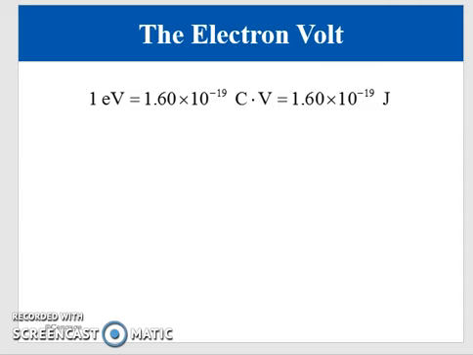When it reaches the other side, if I let it start from rest, the kinetic energy that it has gained will be equal to the electron volt. So 1 electron volt is 1.6 times 10 to the negative 19 joules. It's the same factor that we have for the magnitude of charge. So that is the electron volt.